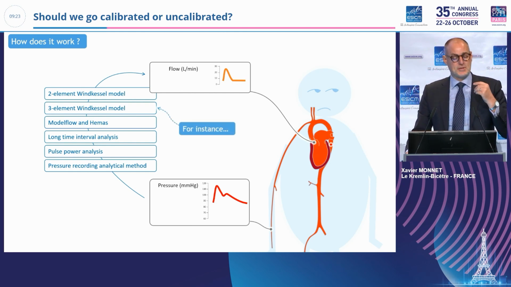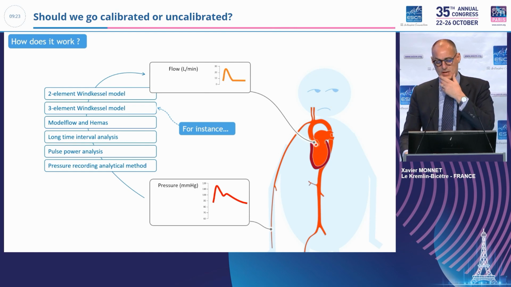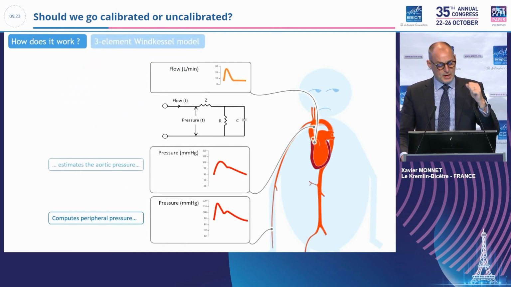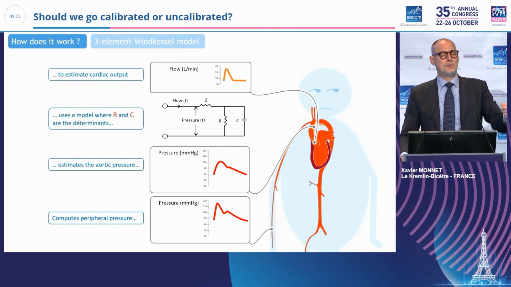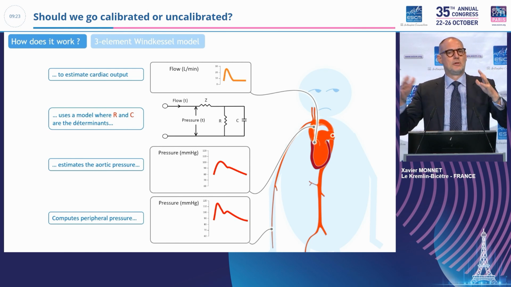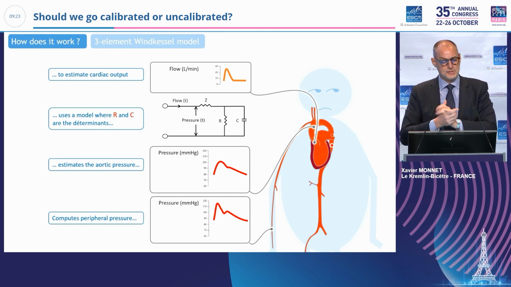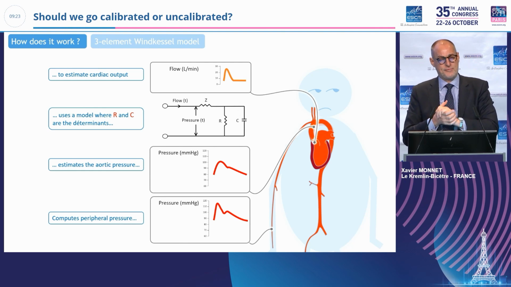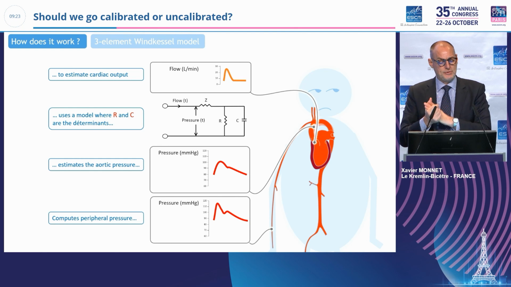Just to give you an example, the 3-element Windkessel model, so that you basically understand how it works: the devices measure the arterial pressure, precisely compute the arterial pressure waveform, then estimate what is the pressure at the aortic level, and apply a model based on an electrical analogy of the cardiovascular system that takes into account resistance and compliance, and impedance, by the way, also of the system.